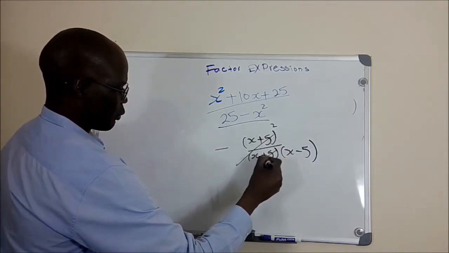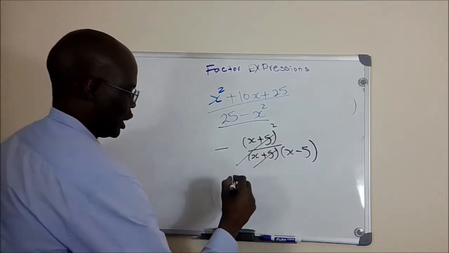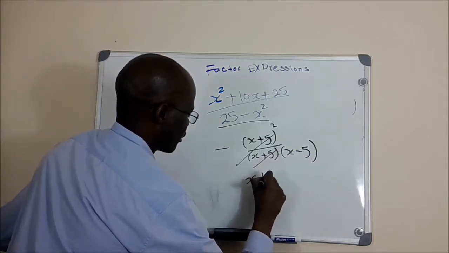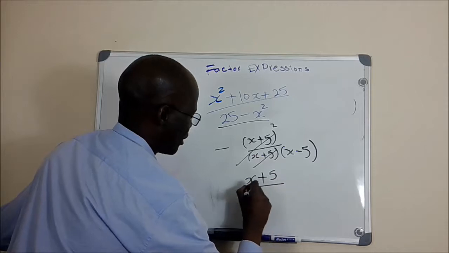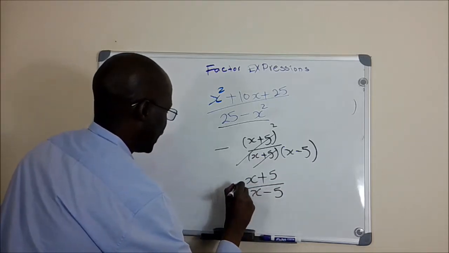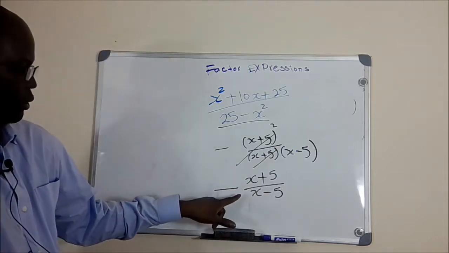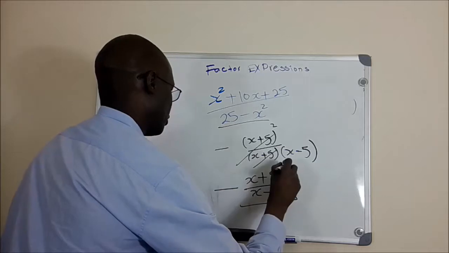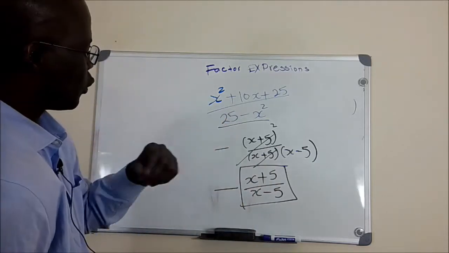And this goes with this one, and you're going to leave with x plus 5 divided to x minus 5, and the whole thing should be minus. So this is your answer for this one.